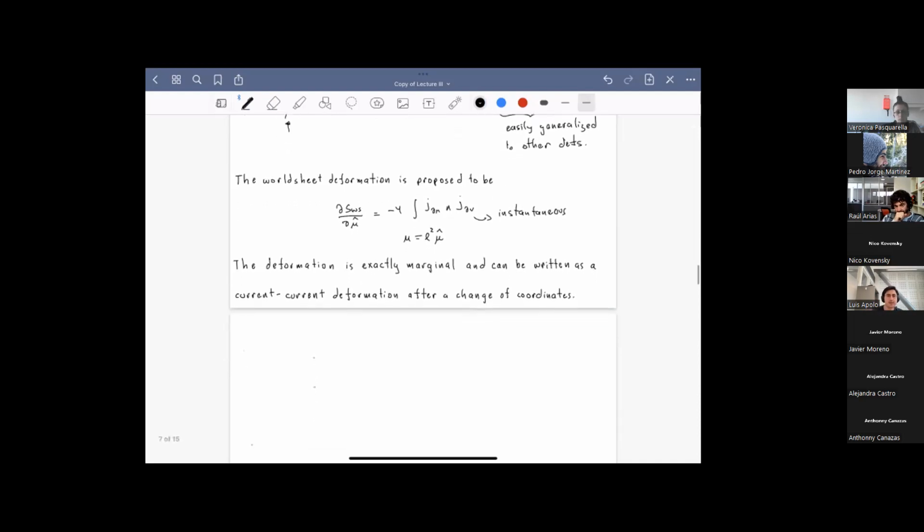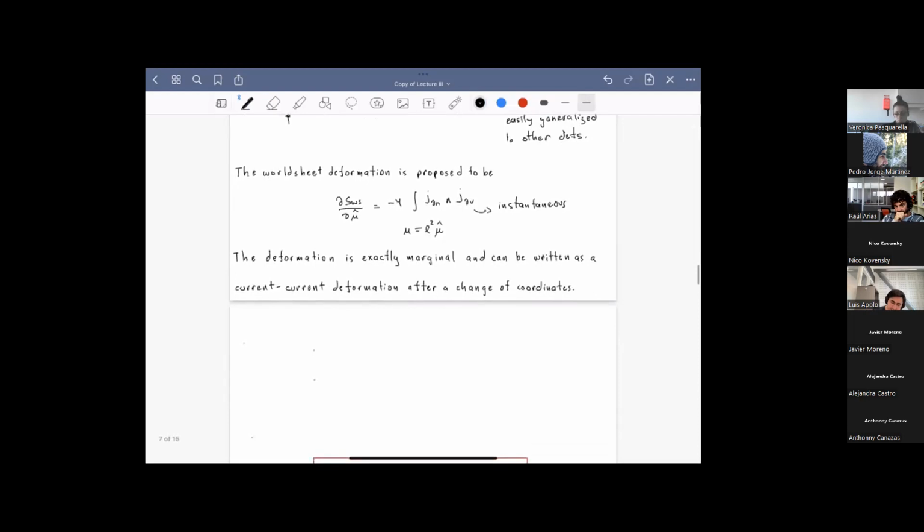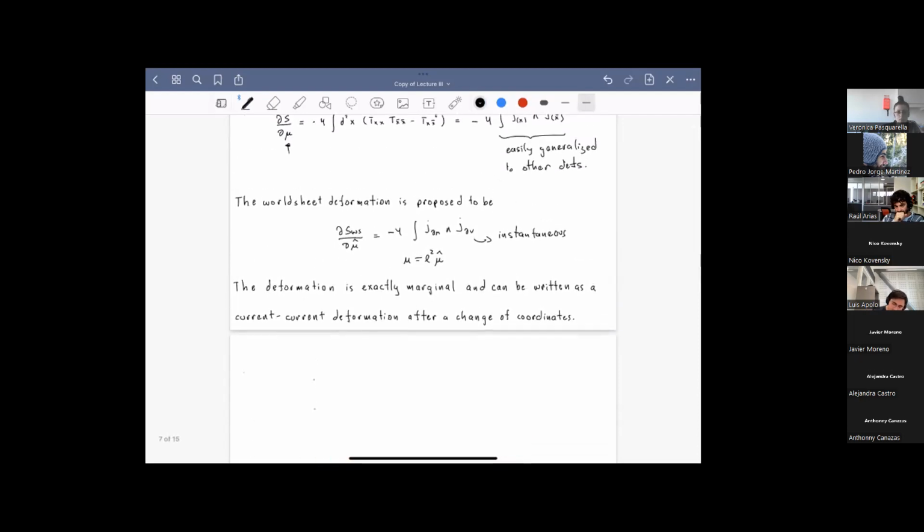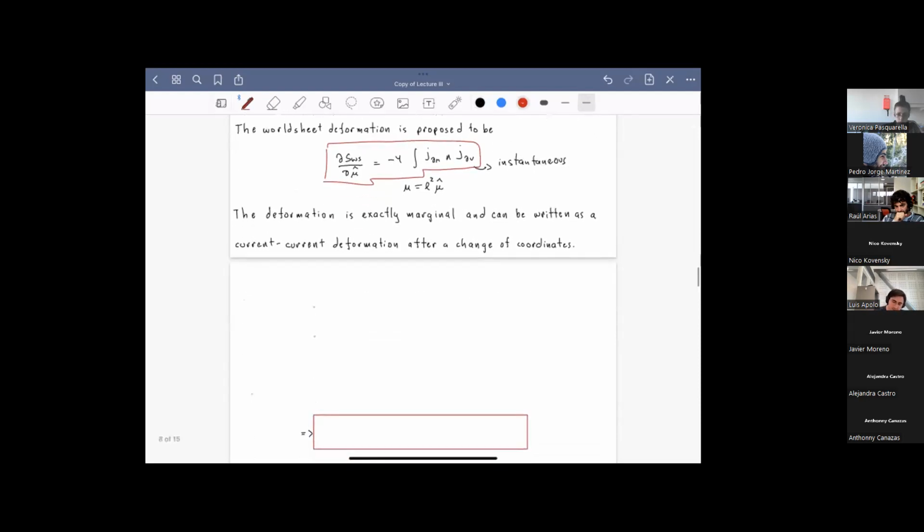So now that we have this differential equation, our goal is going to be to look at its solutions. And the first step to find the solutions to this differential equation is going to be to write the action and the Noether currents in terms of matrix variables, because this makes things a bit simpler. So for example, I can write the worldsheet action in this way, where this is now a vector.